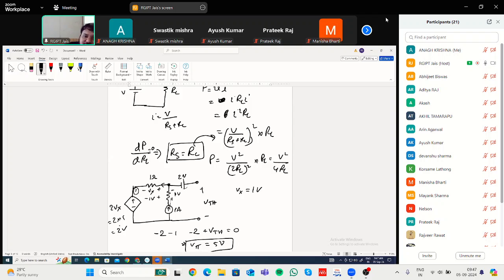Otherwise, if you are considering only one loop, then it will be incorrect. So your VTH will be 5 volt. Please let me know if you have any doubts.